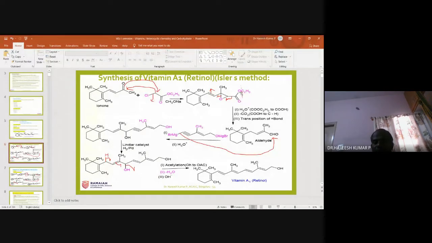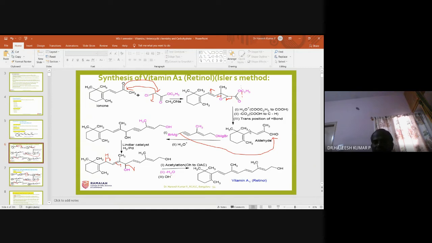How? The bond between O and H, that bond pair comes over here, this bond pair comes over here, this bond pair comes over here, and this bond pair picks up the proton. That is how an aldehyde, more particularly an alpha beta unsaturated aldehyde, is obtained.